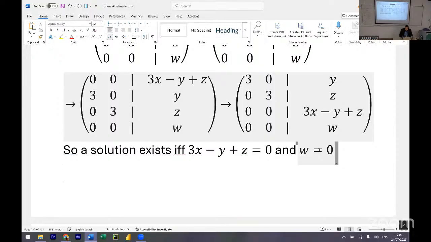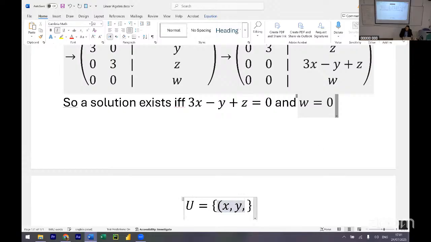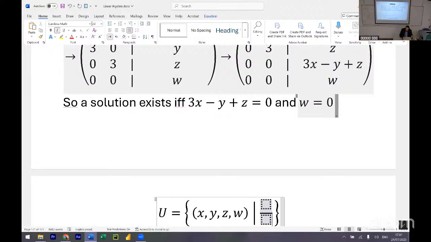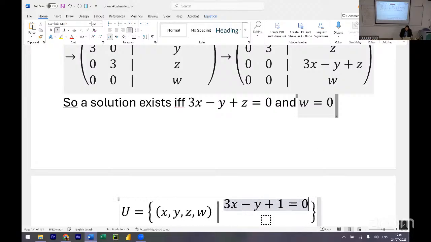So altogether what we've proven here is that U equals all of the vectors x, y, z, w such that 3x minus y plus z equals 0 and w equals 0.